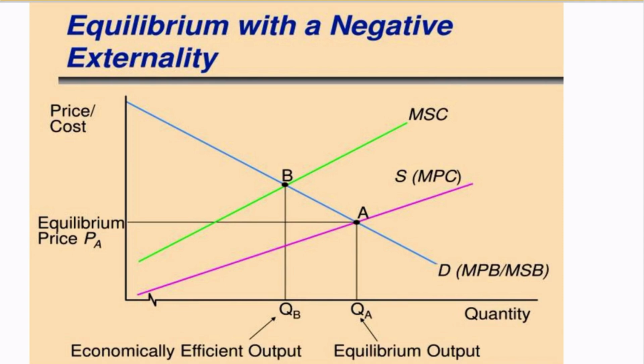One blue color curve, what you see over here, is labeled as D, and that is a demand curve, right? This demand curve is basically reflecting both the private demand and social demand.